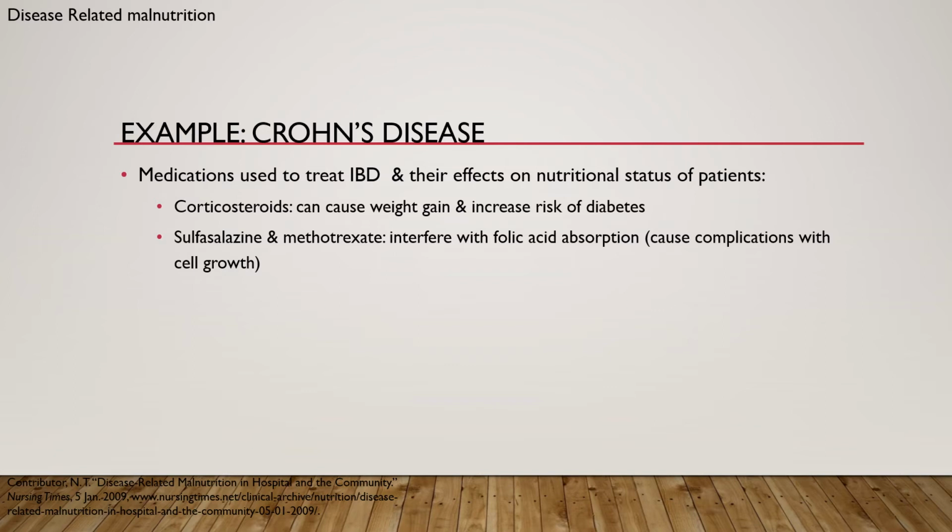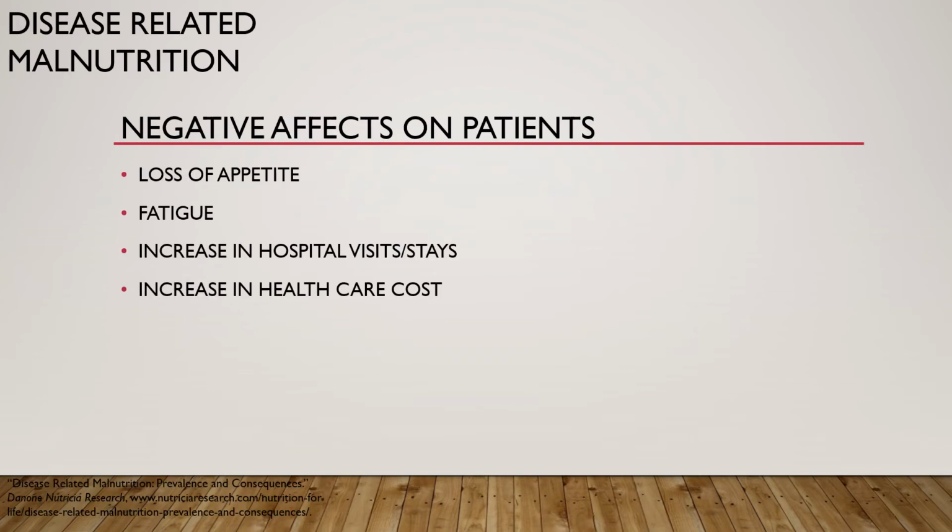The first is corticosteroids, which can cause weight gain and increase risk of diabetes. The second and third are sulfasalazine and methotrexate. These interfere with folic acid absorption, which is an essential nutrient, and can also cause complications with cell growth.